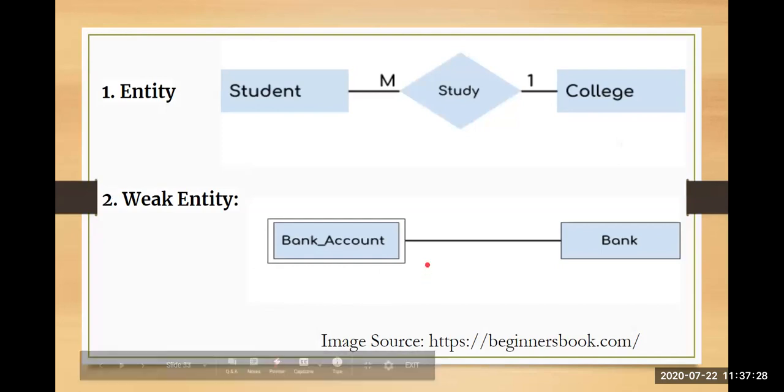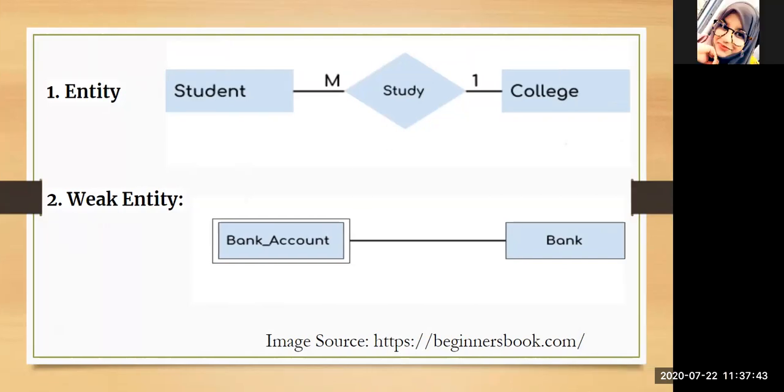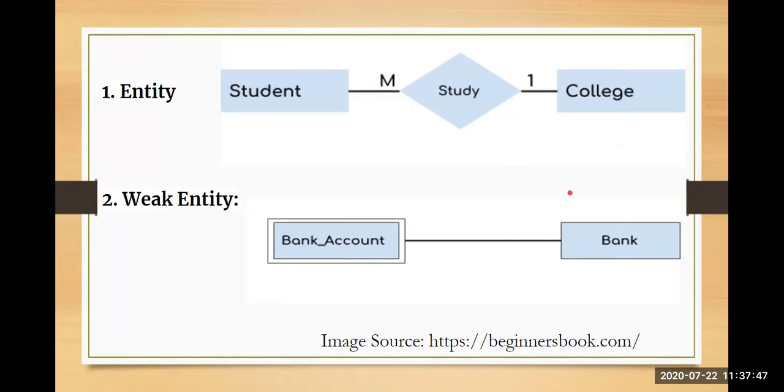Okay, so bank account is dependent on bank as an entity. If there is a bank, then there is a bank account. If there is no bank, then there is no bank account. However, when I talk about the primary key of bank, you must be knowing that we have the IFSC code, that every bank has. So this IFSC code uniquely identifies every bank, and that becomes a strong entity, and your bank account becomes the weak entity. Okay, let's move to the next.